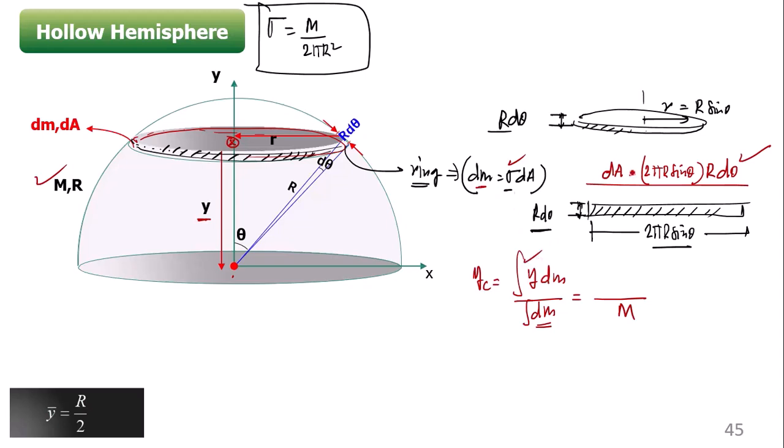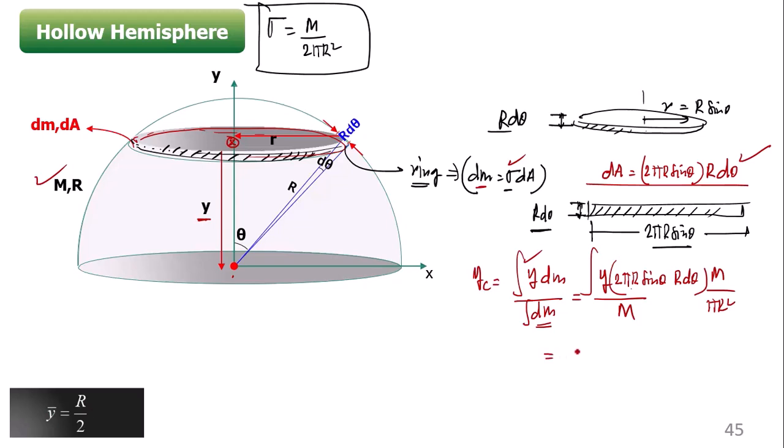And then dm is that number. So I am writing y into dm means 2 pi capital R sine theta into r d theta into sigma. Now sigma is m by pi r square. Integration. So again m and m cancels out, pi cancels out, r square also cancels out.